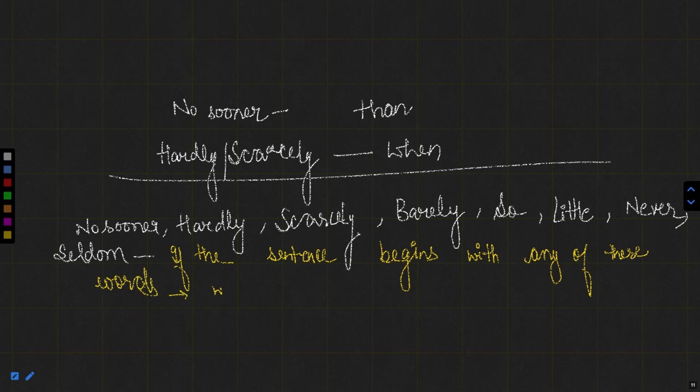We always follow the inverse rule. Now, what is this inverse rule?